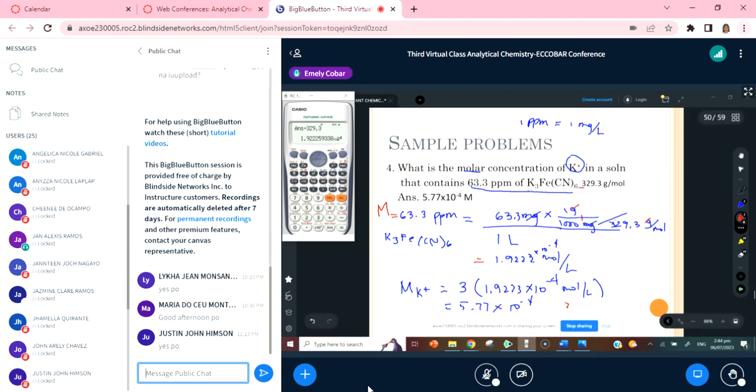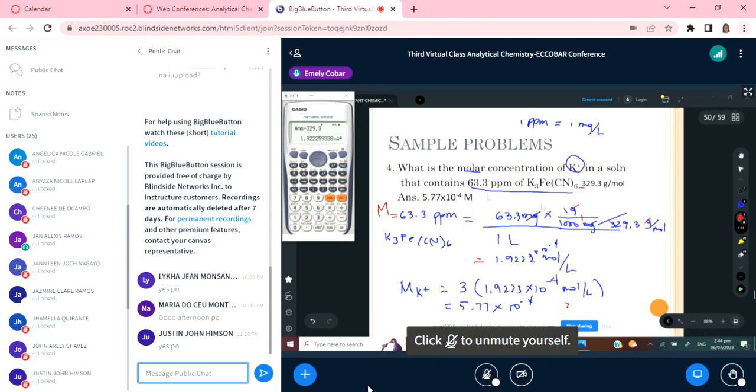So therefore, if the concentration of potassium ferrocyanide is 1.9223, the concentration of potassium now would be 3 times this. 3 times 1.922. So therefore, the concentration of potassium ions is 5.77 times 10 raised to the negative 4.